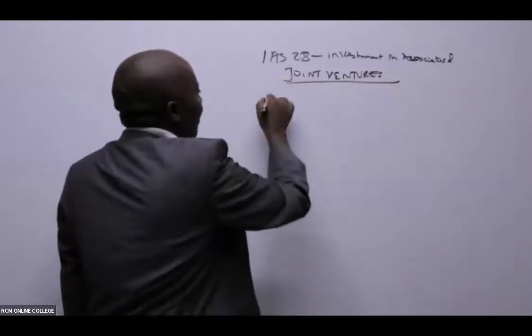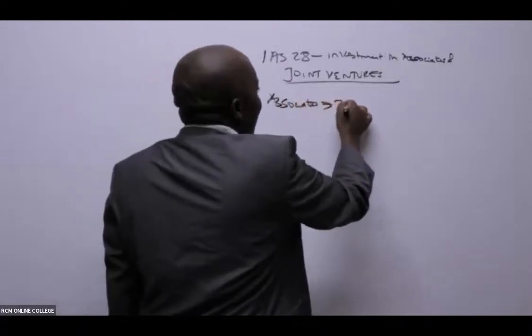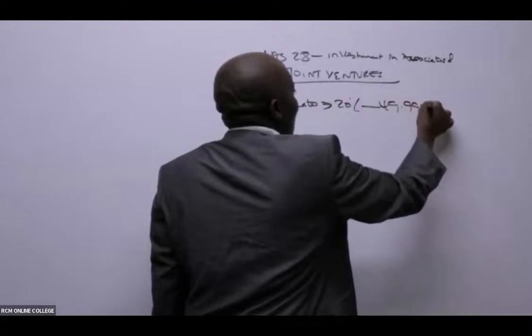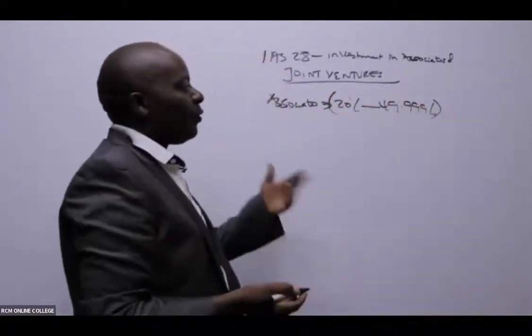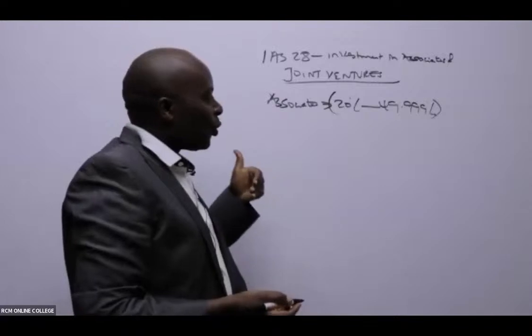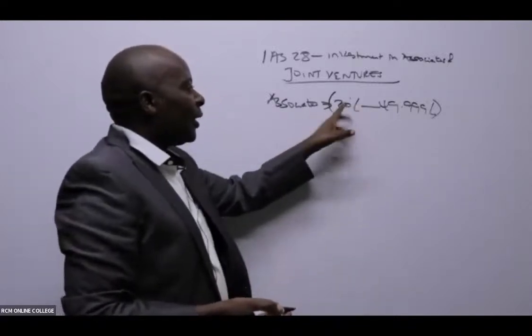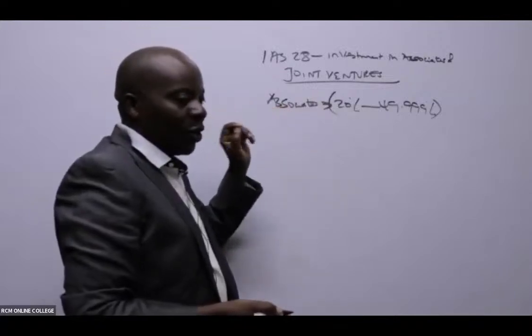If you remember our numbers, investment in associates runs from 20% all the way to slightly below 50%. When an investment falls here, that investment will be called an associate.